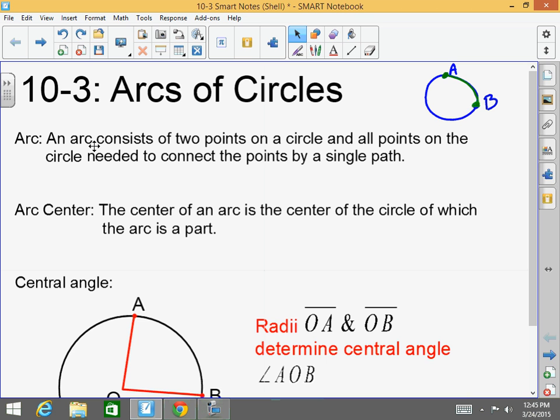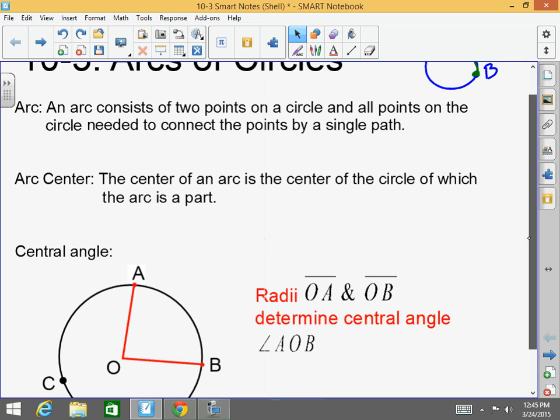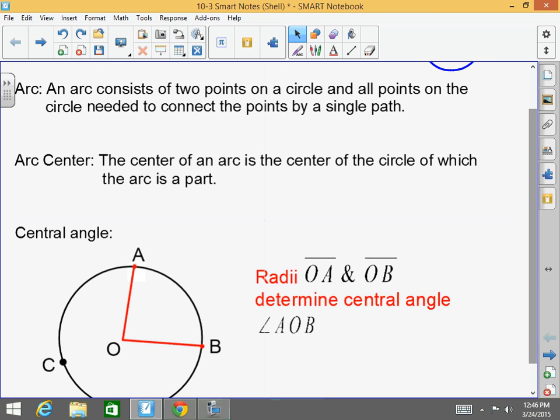And a central angle, which we have already talked about and discussed, basically forms the arc. The central angle, whose vertex is at the center of the circle, basically forms the arc.